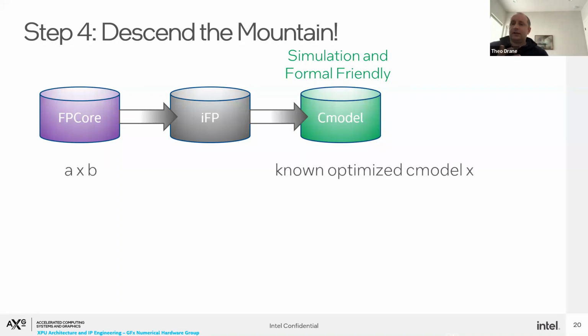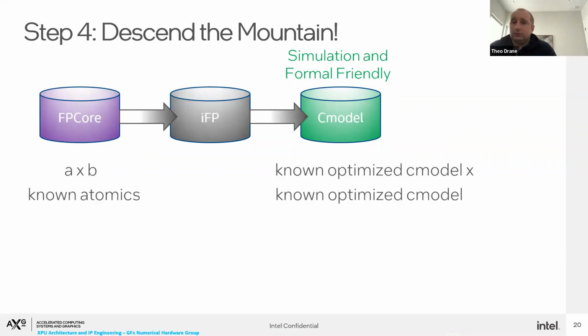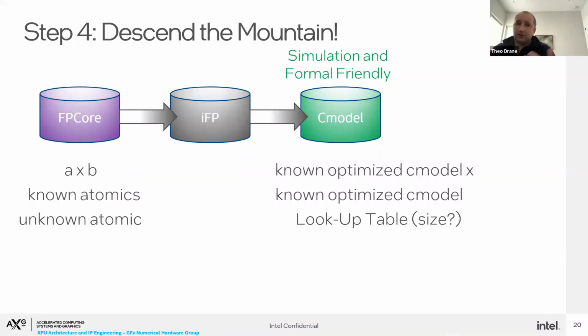And what form could this take? Well, obviously, if the FP core says A times B, even if it is with floating point precisions, then we can just substitute a known C model. If we have known atomics, obviously we can substitute them. If you have unknown atomics, and if you remember back to the start of the talk, I had some interesting components, like I would like to build A squared plus 4B squared or something, so we need to be able to build atomics that we haven't seen before.